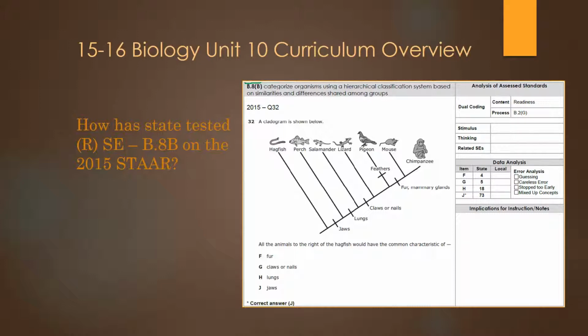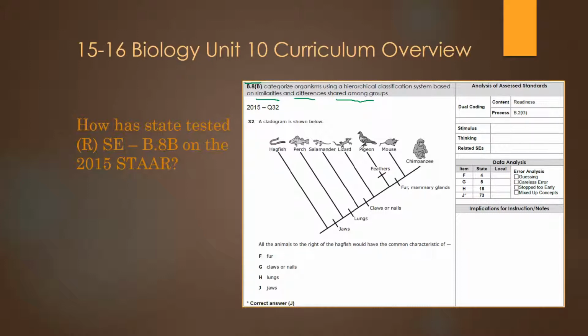Categorize organisms using hierarchical classification systems based on similarities and differences shared among groups. And this hierarchical classification system is just one of the different types of classification systems that are available to use. So this is just one type that the students will have to be familiar with and know how to read.